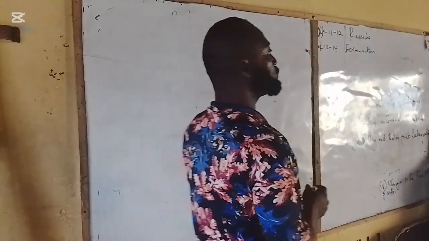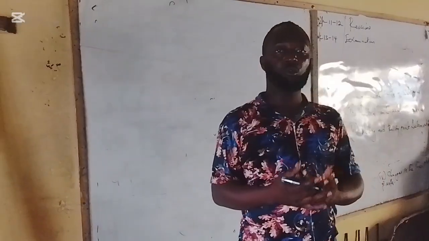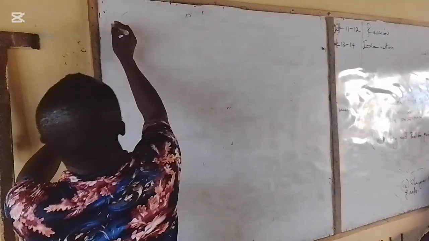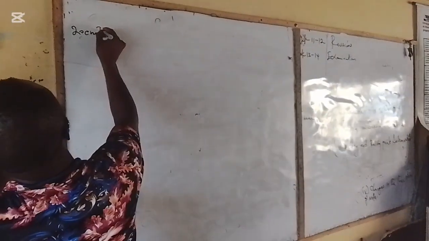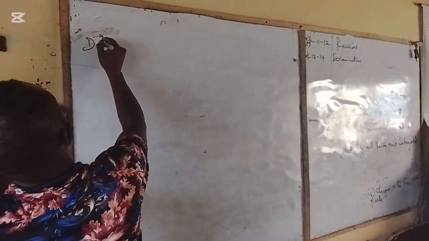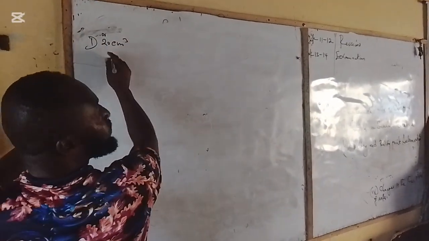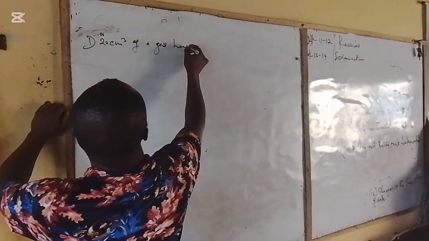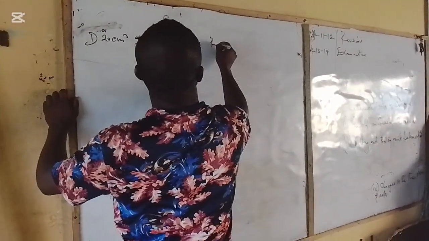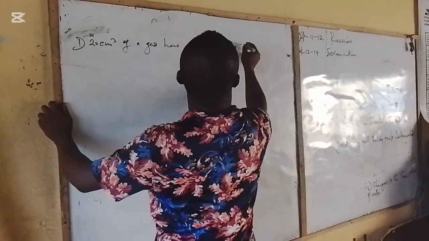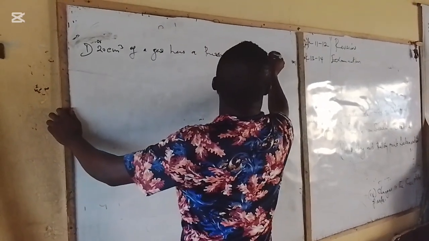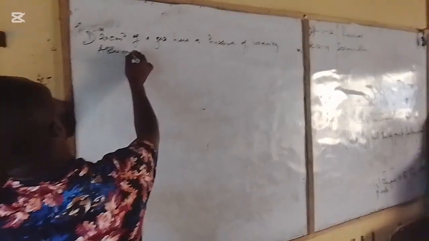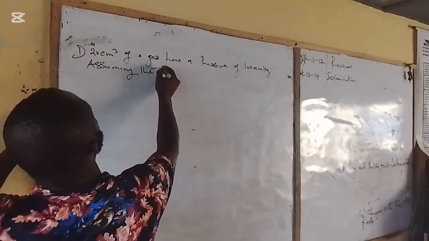The calculations we're going to do will involve the ones that have to do with WAEC and also with JAMB. So the first question says that 20 cm cube of a gas has a pressure of 100 millimeter mercury.